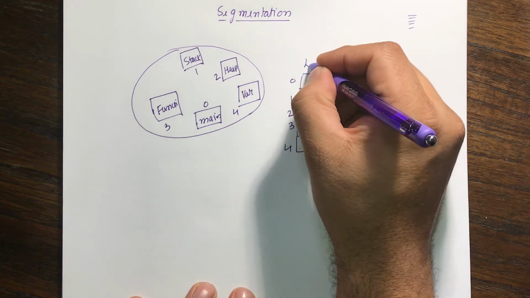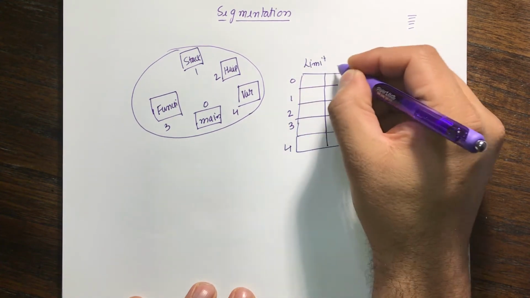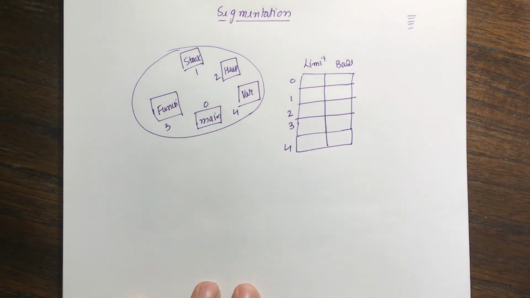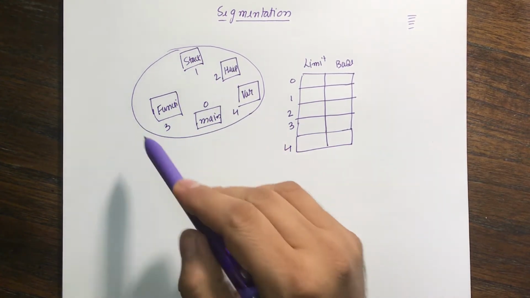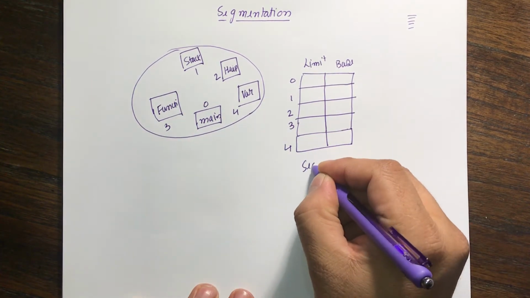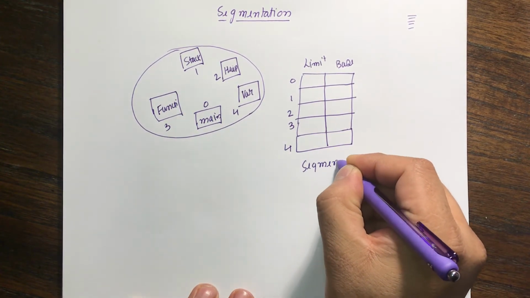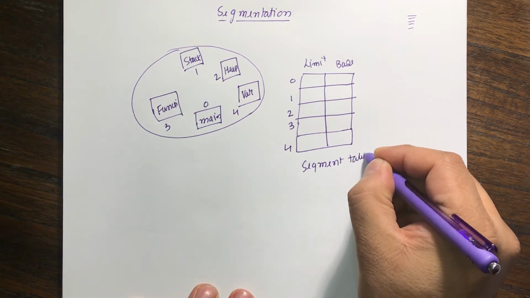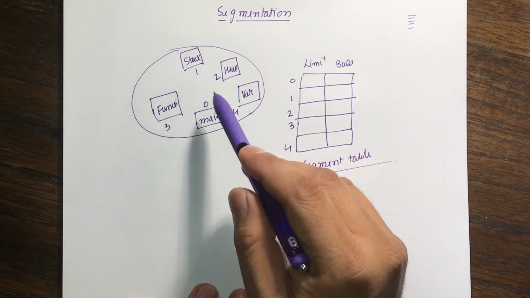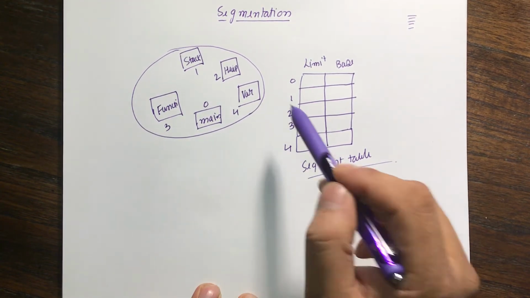And there will be a limit, and there will be a base. Each program will have a segment table, and you will divide your program into different segments.